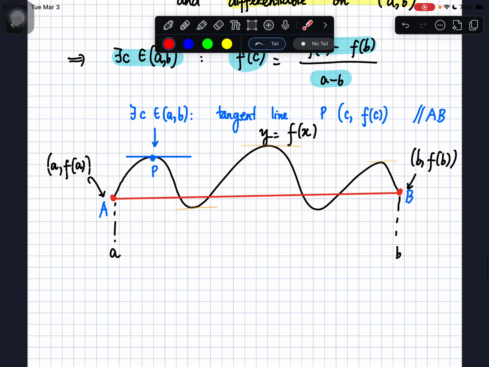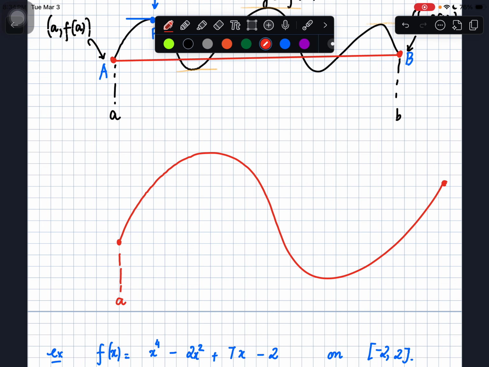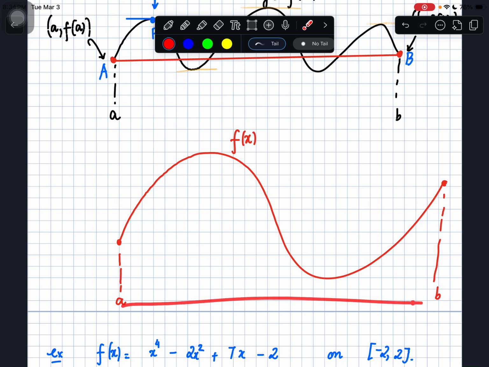Here is another example. Now I just draw this simple graph, a and b. The function f of x is continuous on the closed interval [a, b]. The function f of x is smooth in this case, so the function is differentiable on the open interval (a, b).